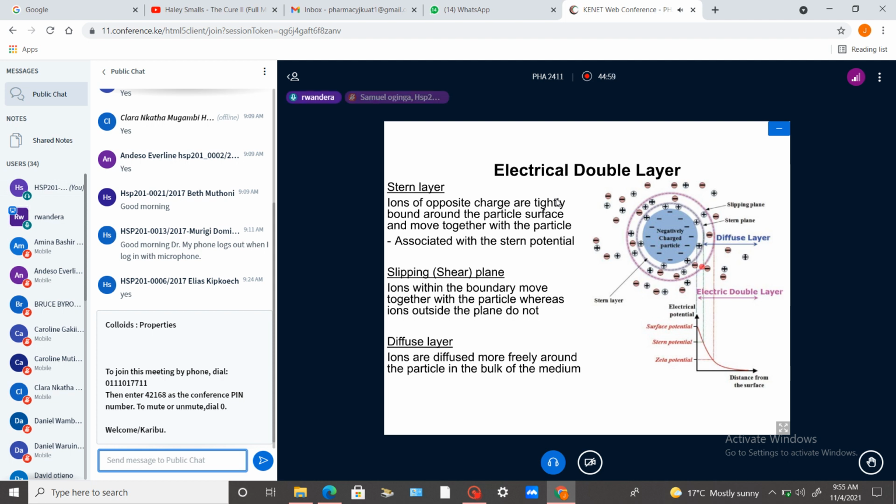So remember, the electrical double layer will arise because of the Stern layer and the diffuse layer. You'll have two layers around your particle surface, the Stern layer and the diffuse layer, which form the electrical double layer.